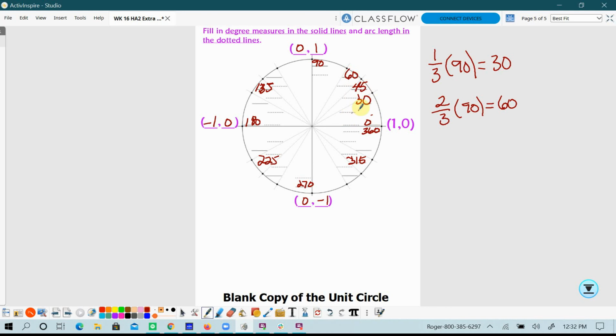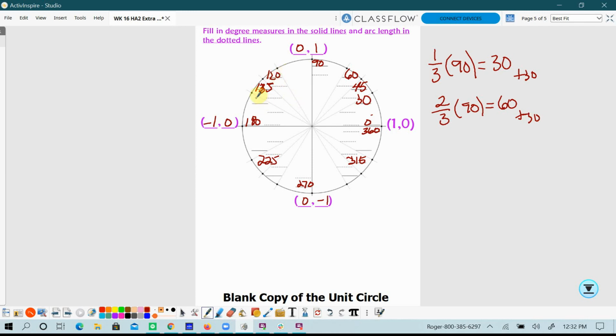If I look at it from that perspective, this is 1/3 of 90, this is 2/3 of 90, and this is 90, 3/3. Coming over here, this would be another third, so 4/3, another 30 degrees. If you look at the pattern, you keep adding 30 degrees. You get 90, and then you add another 30. That will put you right here at 120.